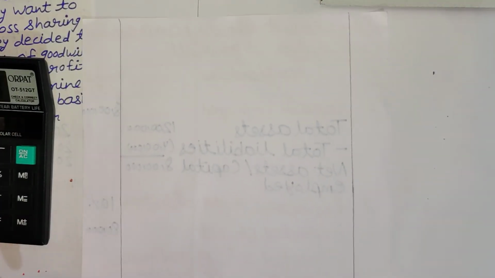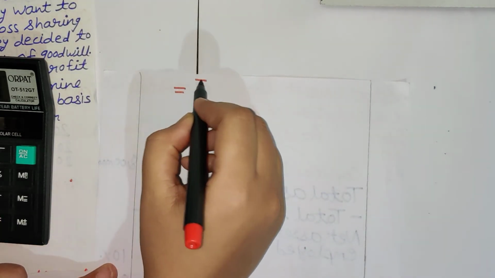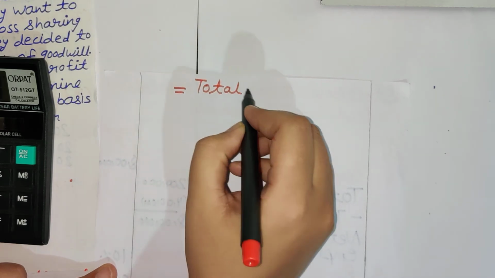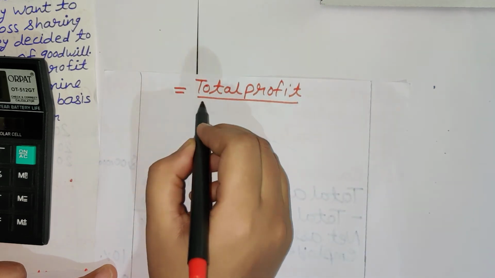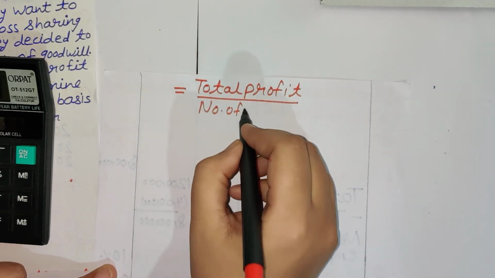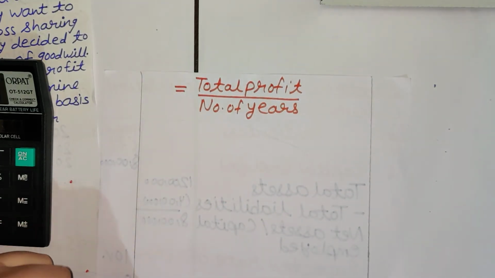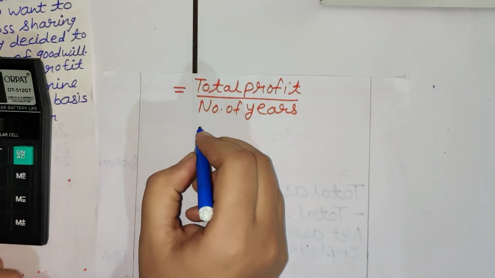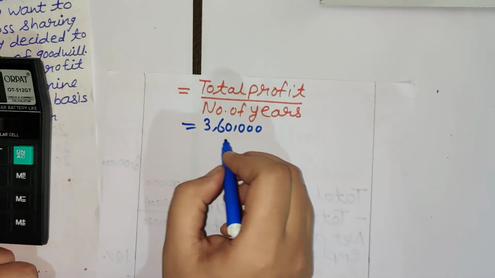What is the formula? To find out the average profit according to the simple average profit method, formula is total profit divided by number of years. So here we get 3,60,000 and number of the years are given 3.